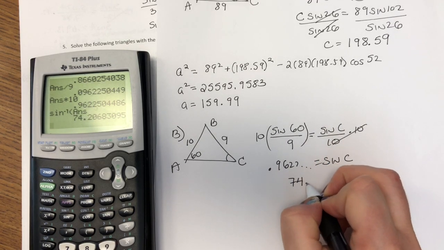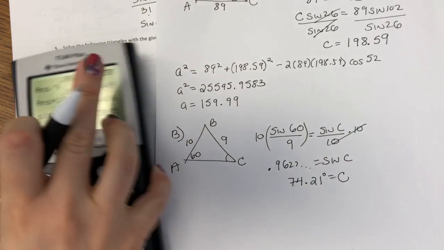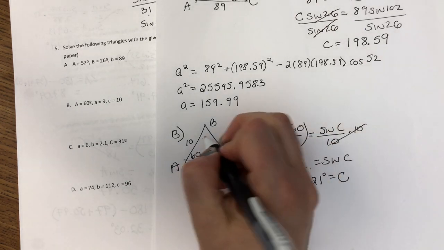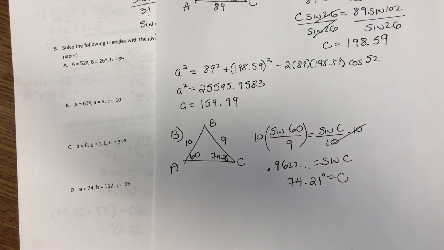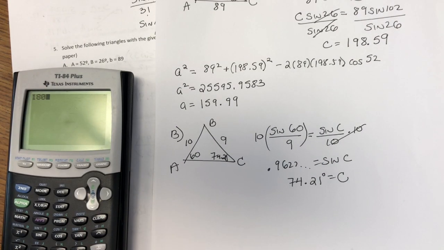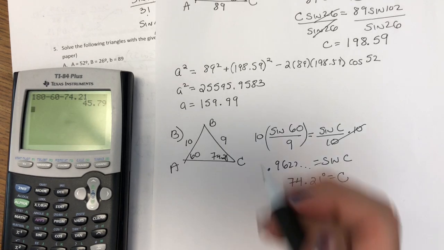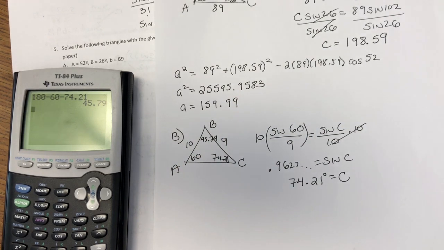So we get 74.21 degrees as angle C. So then let's add up all our angles. So 180. So B is 45.79. And then you can pick law of sines or cosines to find side B.